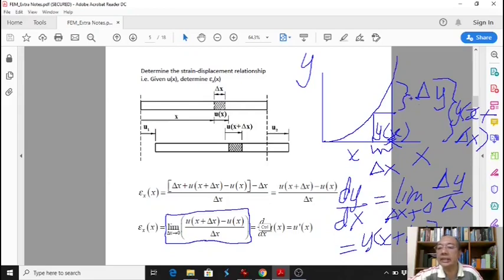So delta y is y of x plus delta x minus y of x, per delta x.